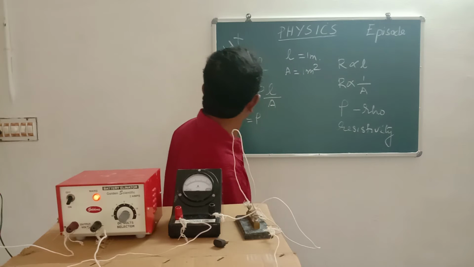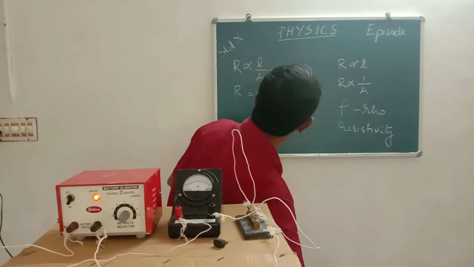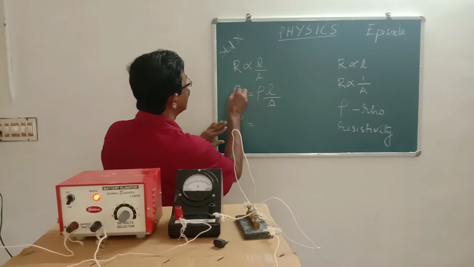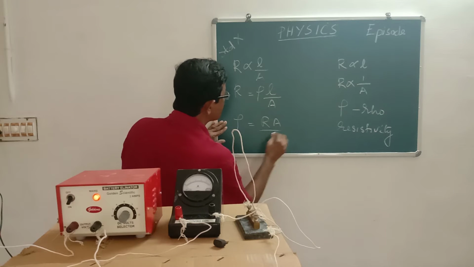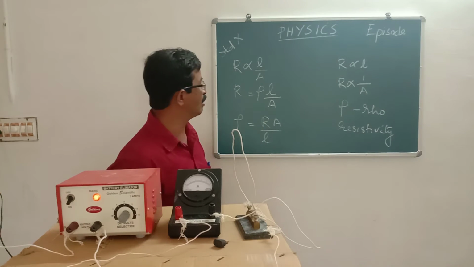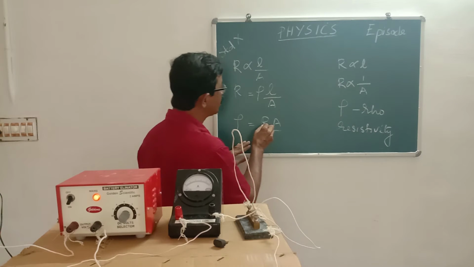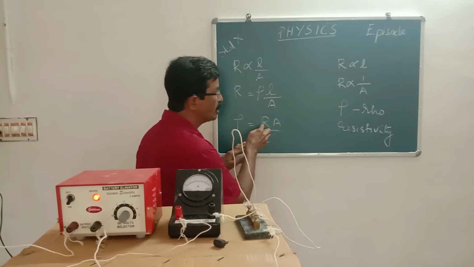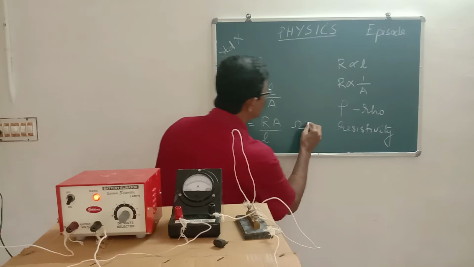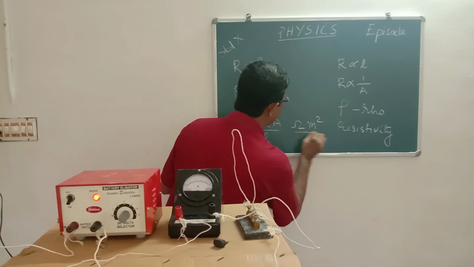Okay. See here, we obtained the relation R equals rho L by A. From this, rho is equal to R A by L. We can write the unit of this. The unit of resistance is ohm, the unit of area is meter square, and the unit of length is meter.